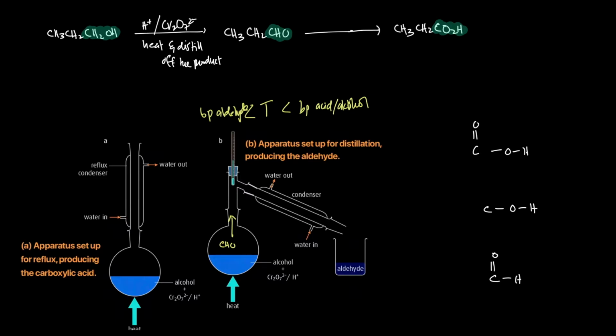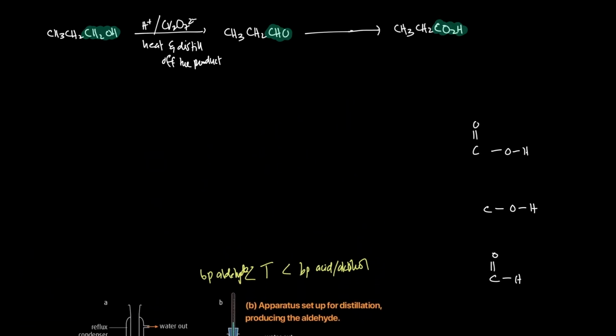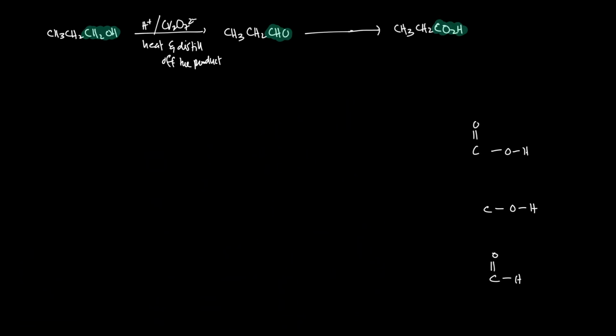So again, because the aldehyde has a lower boiling point, you can produce it by heating the reaction at a temperature that's below the boiling point of the acid and the alcohol, and above the boiling point of the aldehyde. The aldehyde will boil, and you'll be able to obtain it through distillation. If you allow this reaction to go to completion, what do you end up getting?